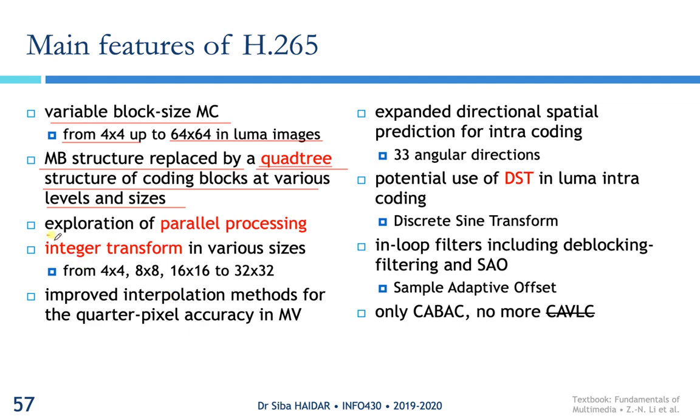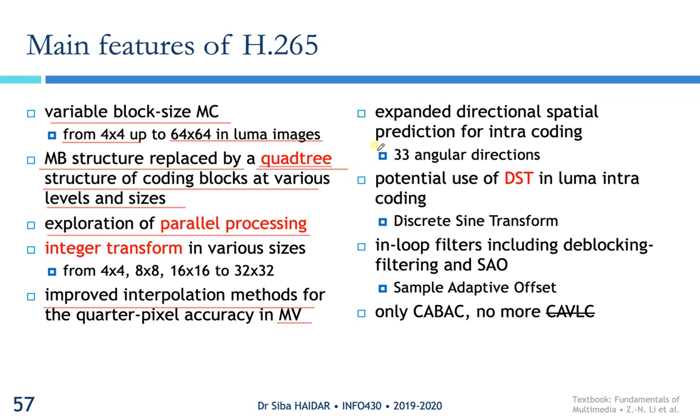The main feature is of course the exploitation of the parallel processing already mentioned before. Integer transform is another main feature, in various sizes: 4x4, 8x8, 16x16, 32x32. And we have improved interpolation methods for the quarter pixel accuracy in the motion vector.